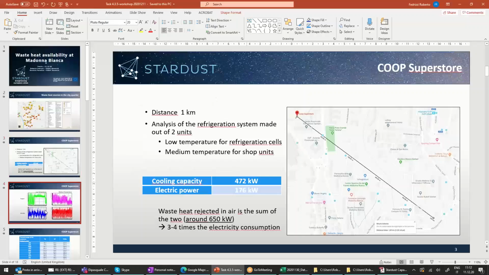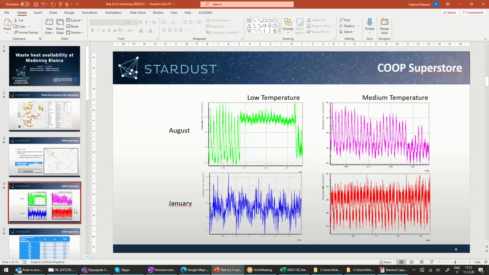This is in terms of waste heat capacity, waste heat power that is rejected into air. In terms of temperature, this is what we found in this monitoring data. Sorry for the legend, it is not really well visible, but again, the temperature of the heat which is rejected is something like 30 to 45 degrees between winter and summer for the low temperature chiller, and 28 to 35 degrees for the medium temperature chiller.